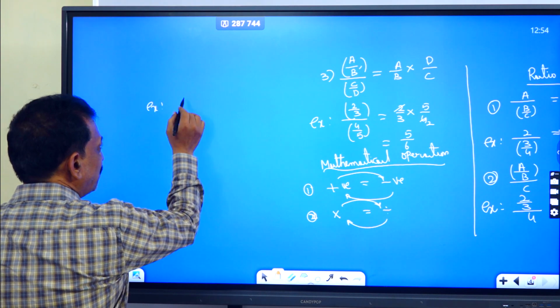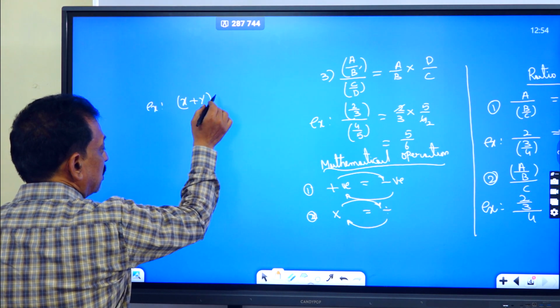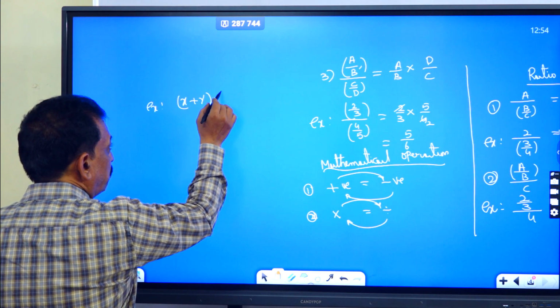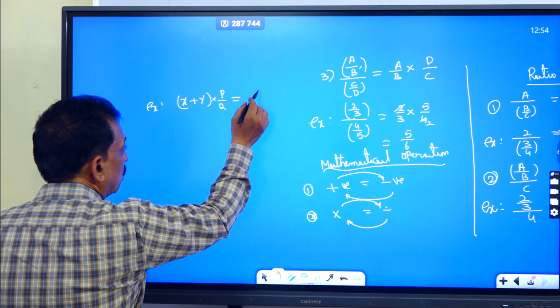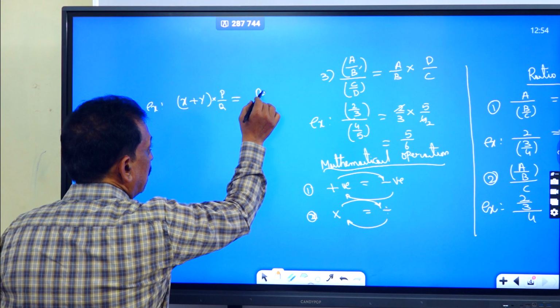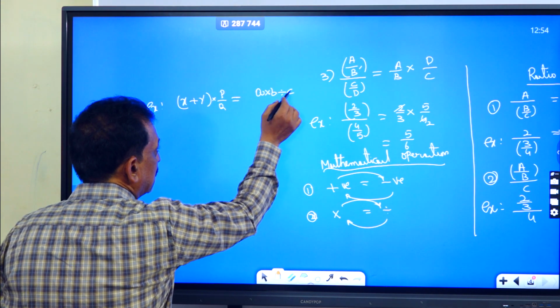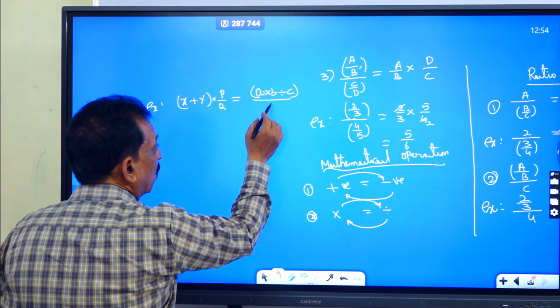See here, I'm going to write x plus y into p by q is equal to something, and the result I am giving is a into b divided by c by k.